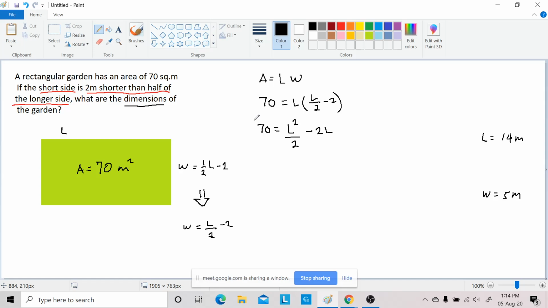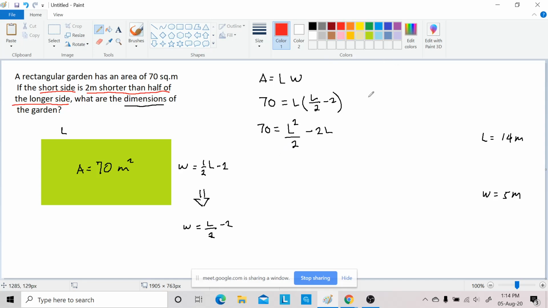I think it's easier if we remove the fraction first. If I can remove the fractions, I will, so that I will just be dealing with whole numbers, right? Okay, so how do we remove the fraction?